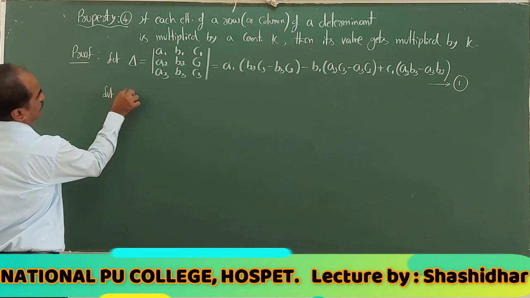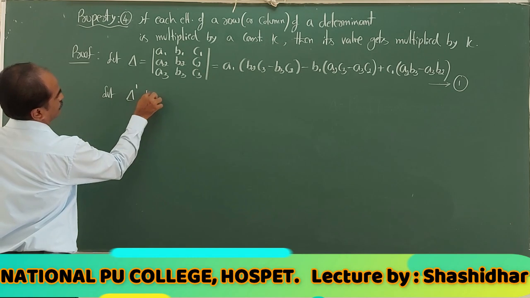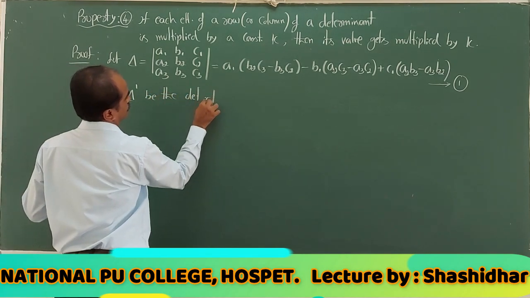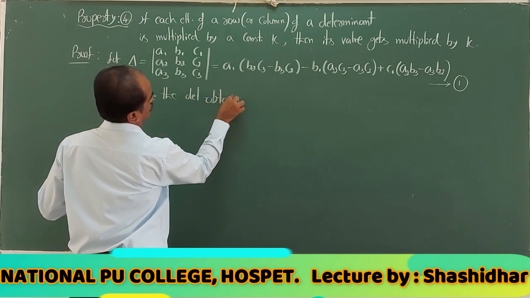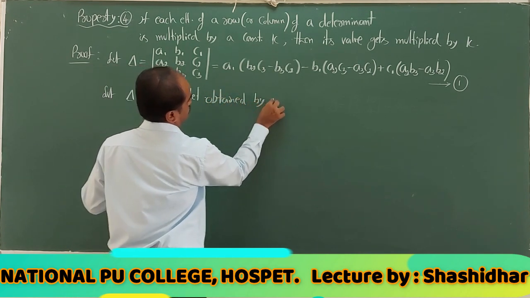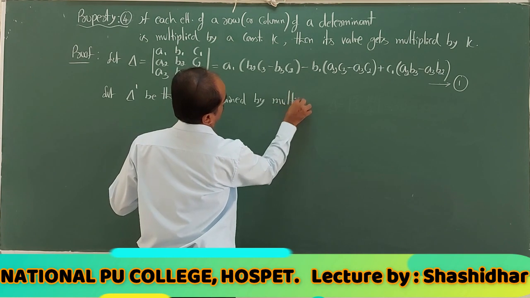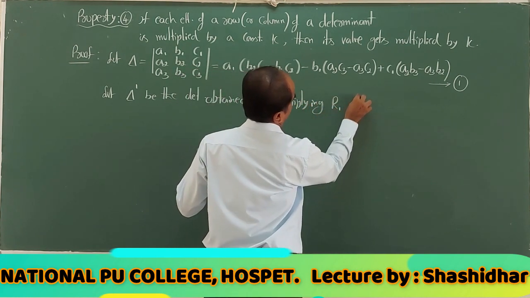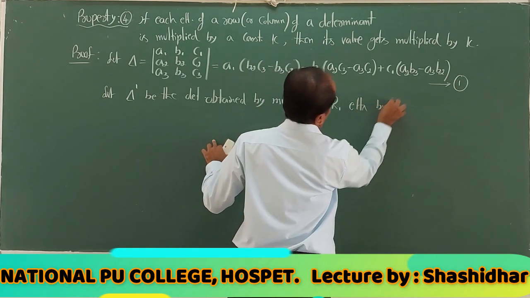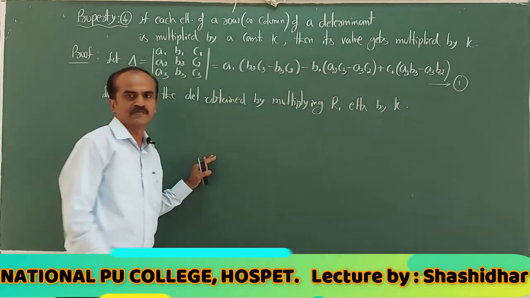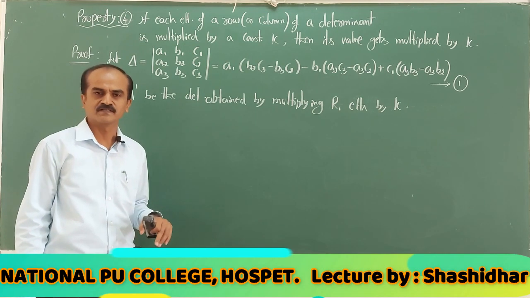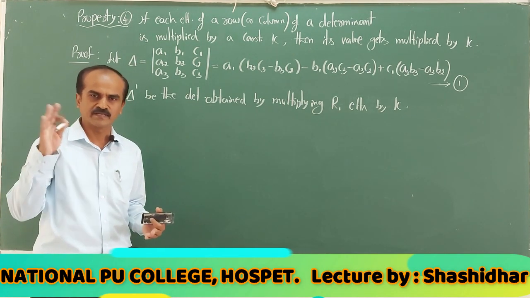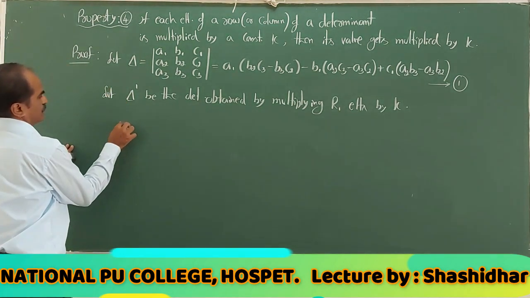Now let delta dash be the determinant obtained by multiplying R1 elements by k. I multiplied first row elements of delta by k. Need not be first row, you can multiply to second row, third row, or any column. Here I have taken R1.